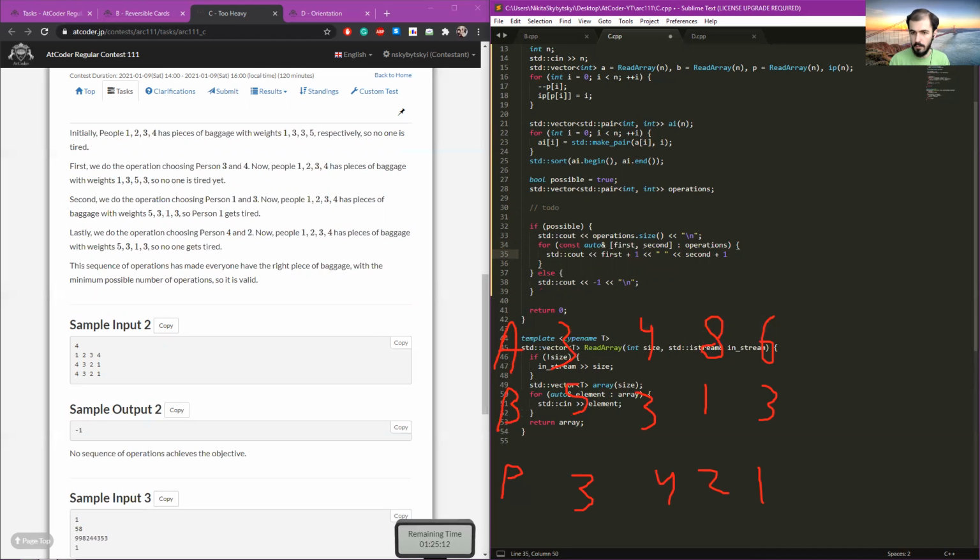The only difference is that we want to output them with +1 because we decreased by 1 here.